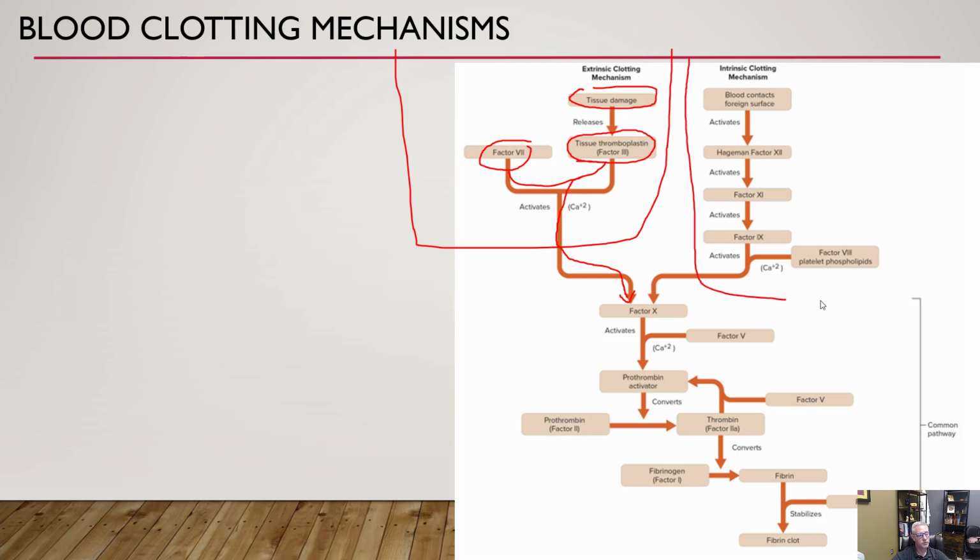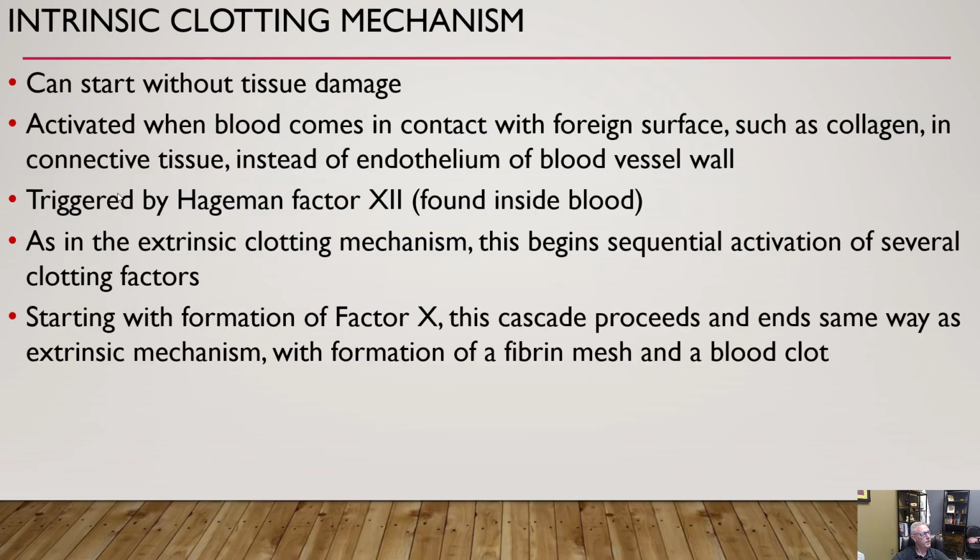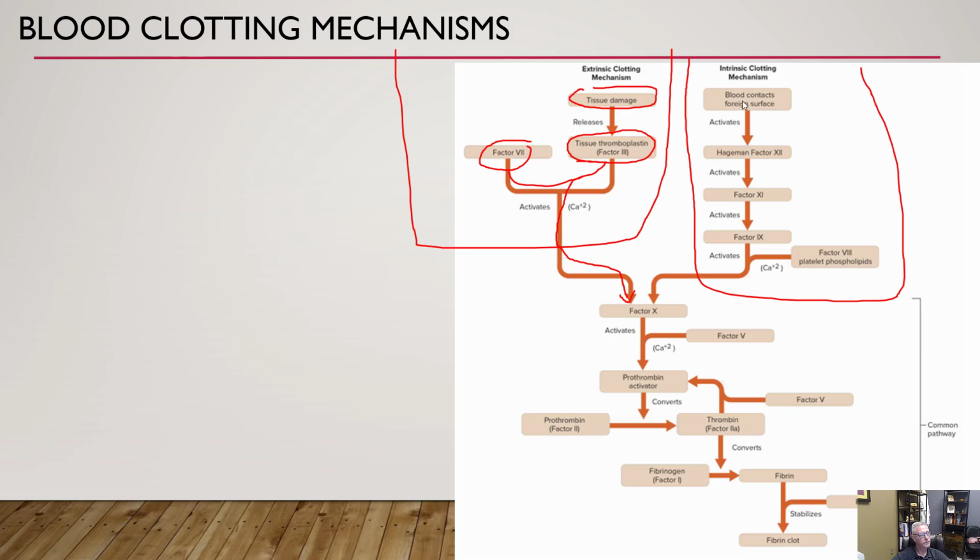On the intrinsic side, it's triggered when blood comes in contact with a foreign surface such as collagen, and we start out with factor 12. Factor 12 is activated to form factor 11, and that's activated to form factor 9. Then factor 8 comes in with calcium to form factor 10.